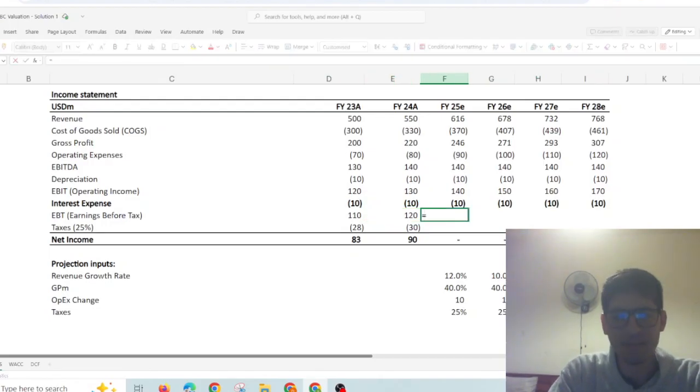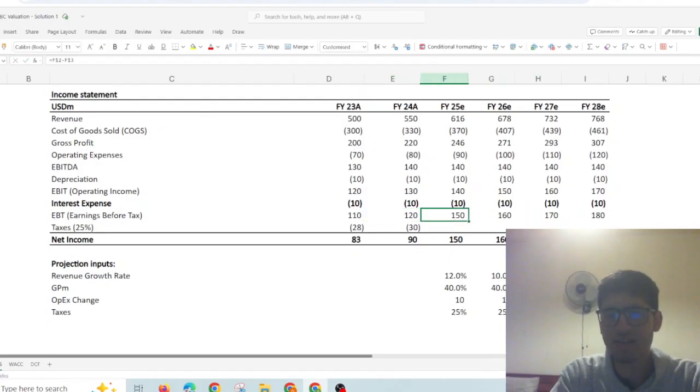The EBT, it's simply EBIT minus interest expense. EBIT, okay, earnings before interest and taxes, minus the interest expense, would give me EBT, earnings before tax.